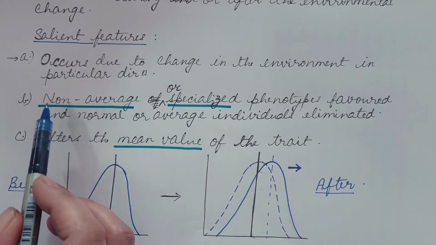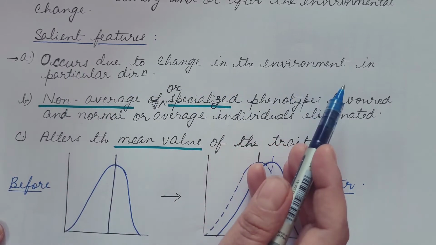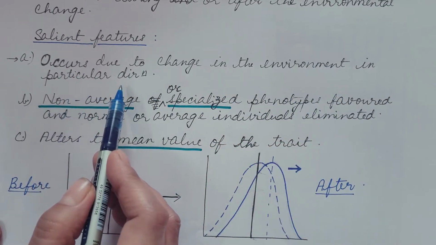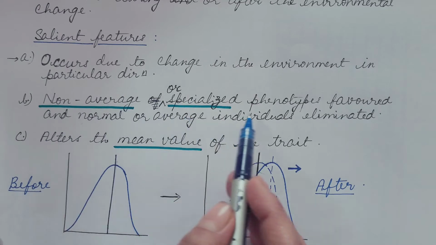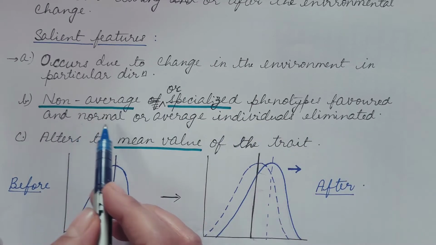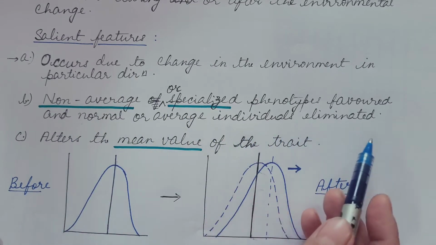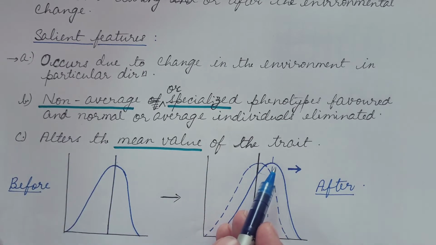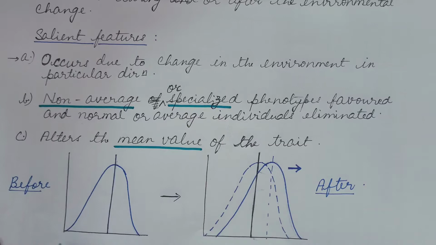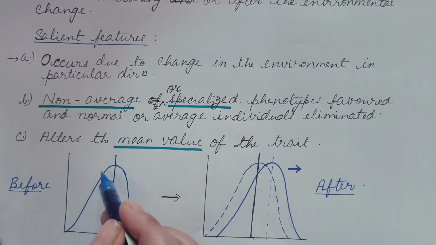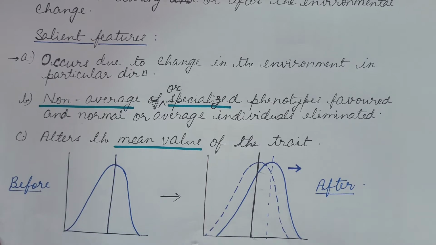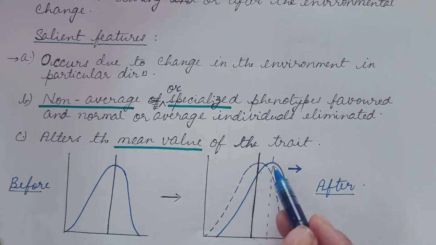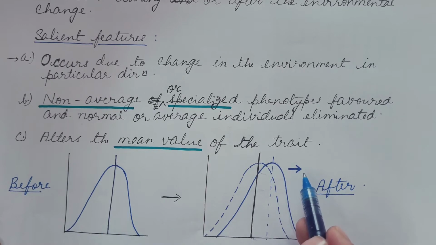Salient features: occurs due to change in environment in the particular direction. Non-average or specialized phenotypes are favored and normal or average individuals are eliminated. It alters the mean value of the trait. If we represent it with the graph, this shows a bell-shaped curve. Here before the selection, the graph is like this, and after the selection, it has shifted towards this direction.